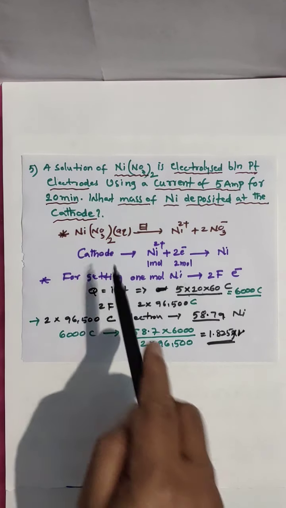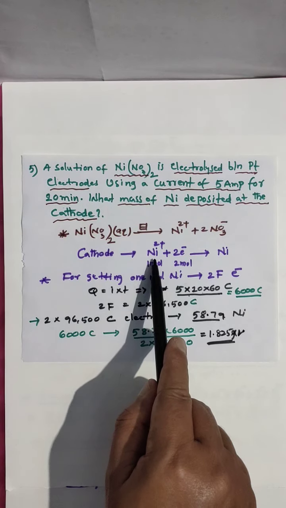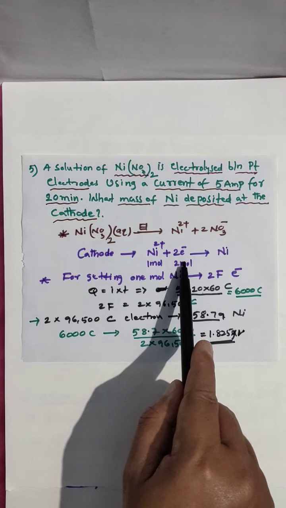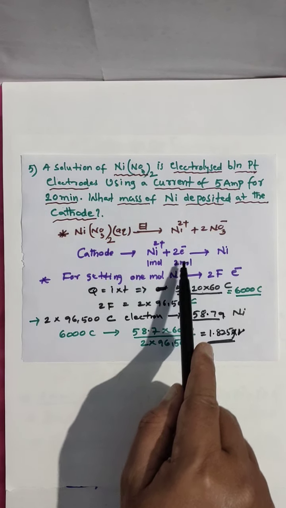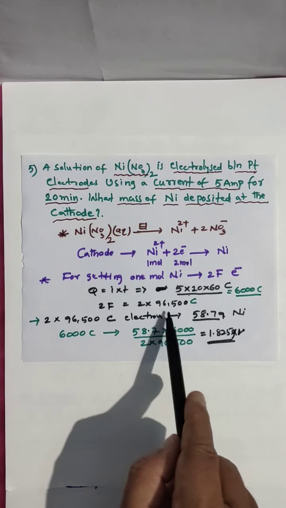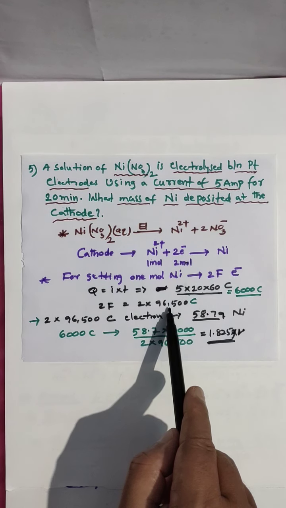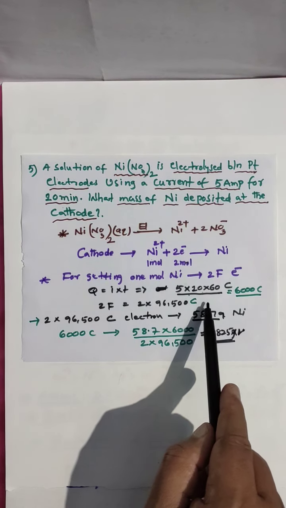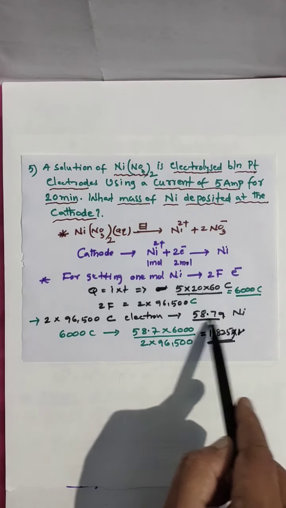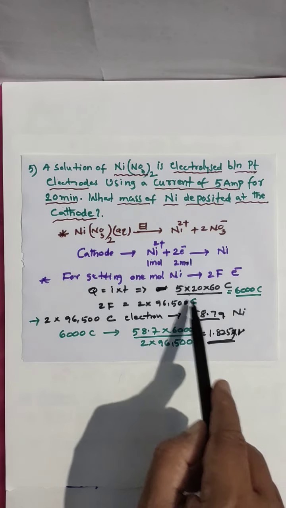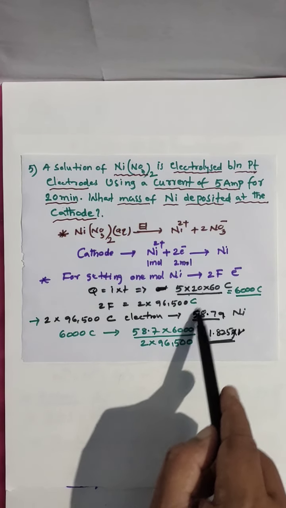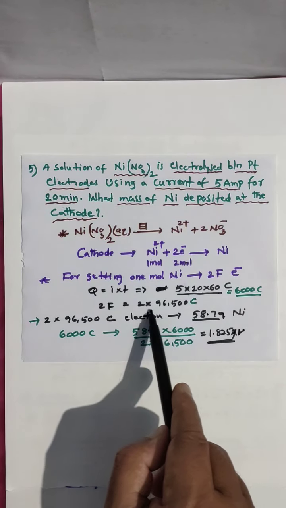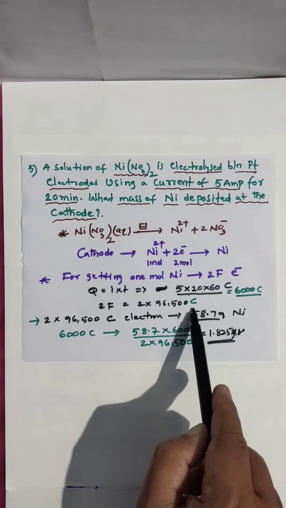Clear? So for 1 mole nickel we need 2 moles of electrons, 2F means 2 into F. The mass of 1 nickel atom is 58.7, so for this much deposition we need 2 into 96,500 coulombs.